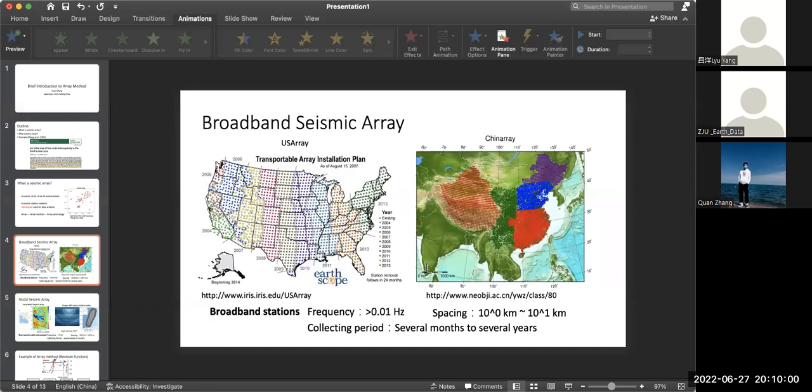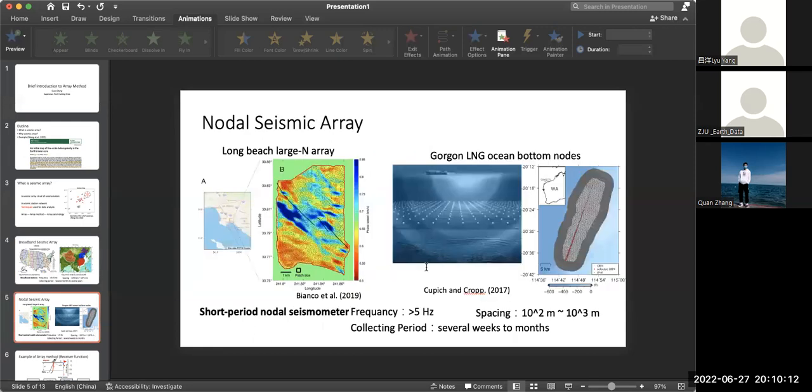You can see that the broadband stations have a cutoff frequency of 0.01, so that is much lower than the cutoff frequency of nodal stations. And the spacing is almost hundreds of meters to thousands of meters. As the collecting period is very short, several weeks to several months.